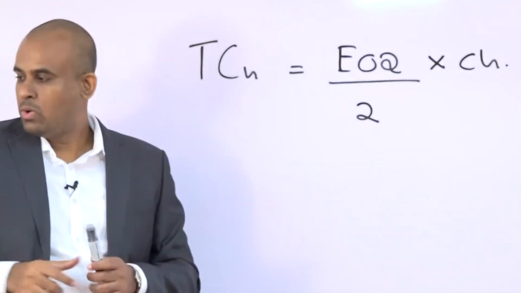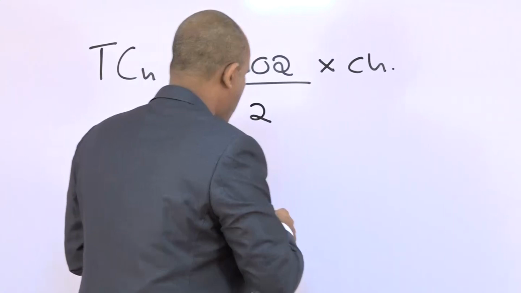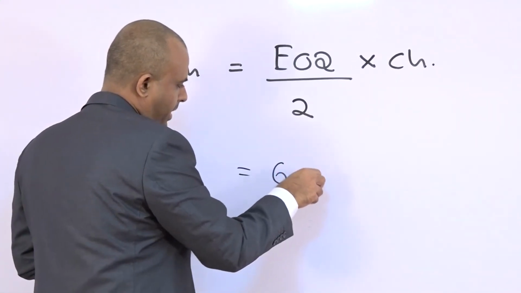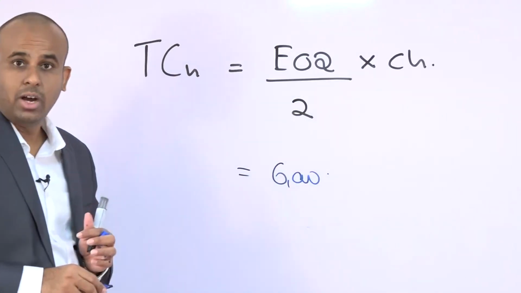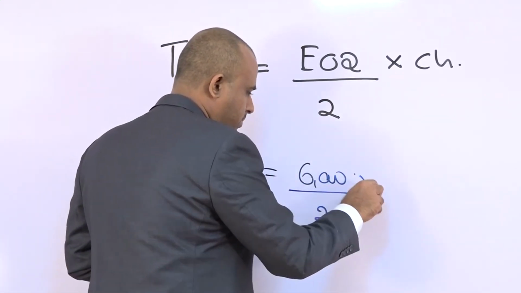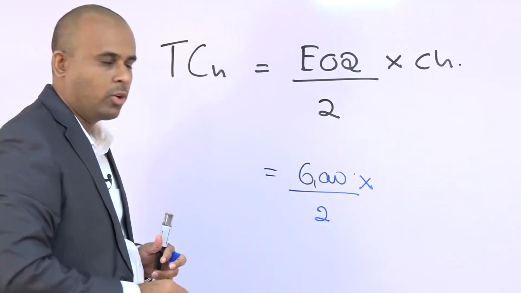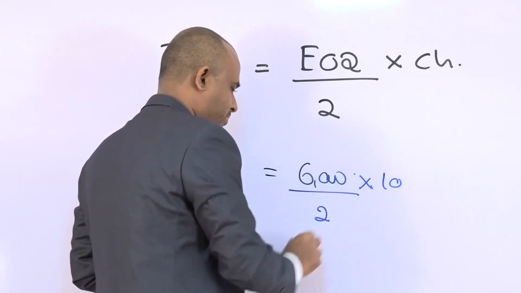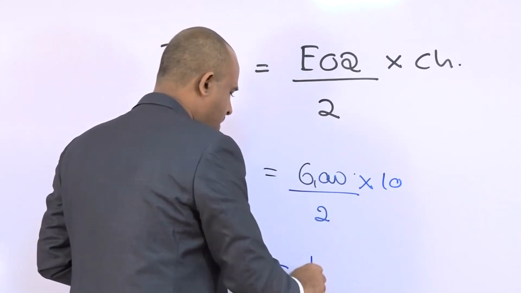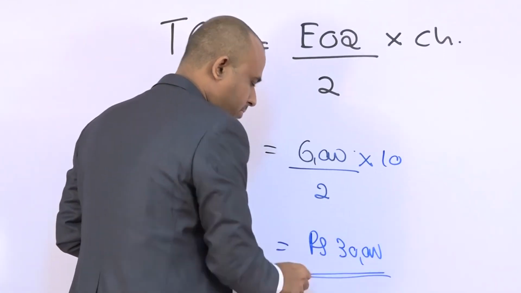Right. Now, tell me, economic order quantity in this question, how many units? We calculated 6,000 units. When you divide it by 2, you multiply by CH, the annual holding cost per unit, which is 10. 6,000 divided by 2, you get 3,000 into 10, rupees 30,000.